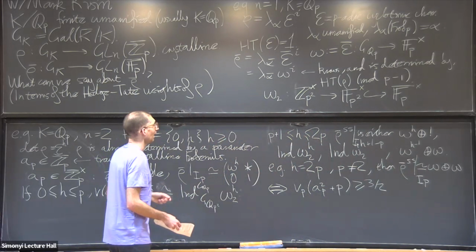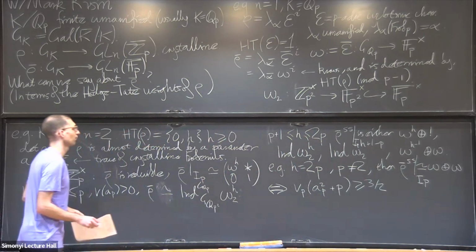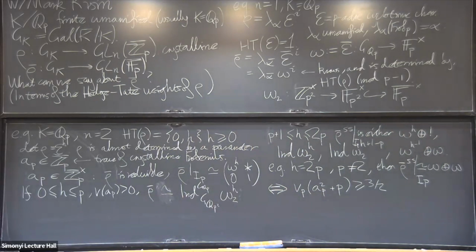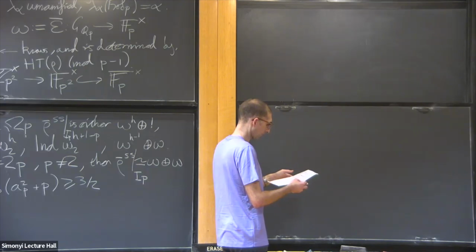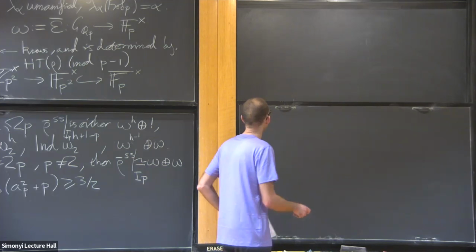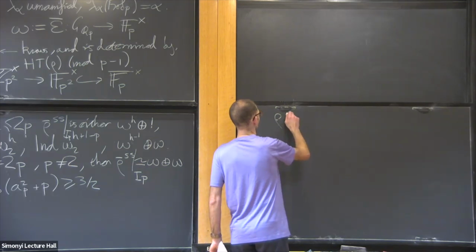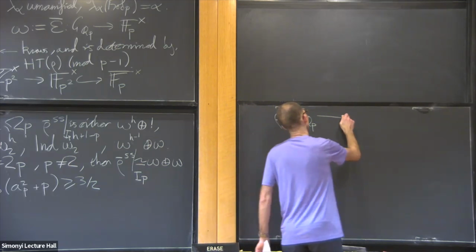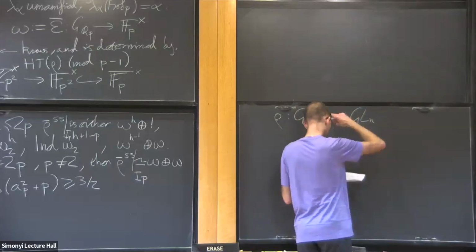Okay, so how can we do this? Well, let's move on and have some Breuil-Kisin modules. Maybe I will try and use this board to put up a definition. So given the representation rho, and maybe I'll stick with Q_p for now. This is a crystalline representation.